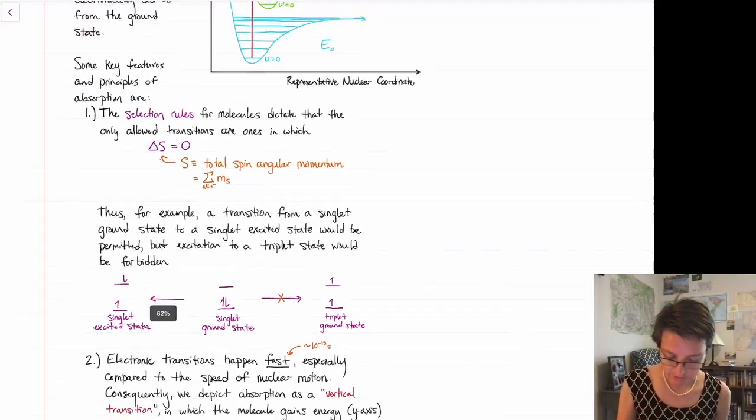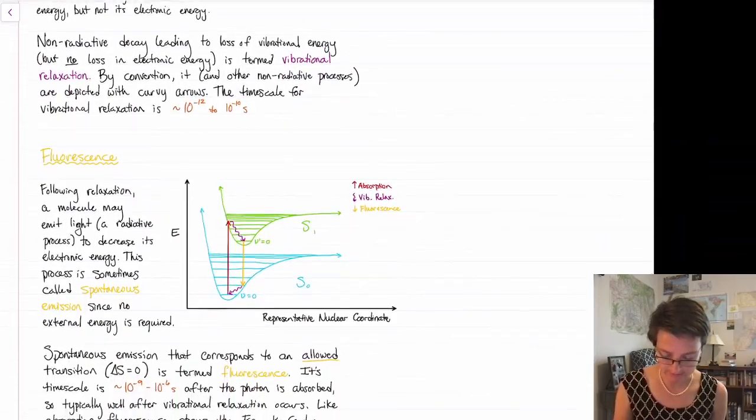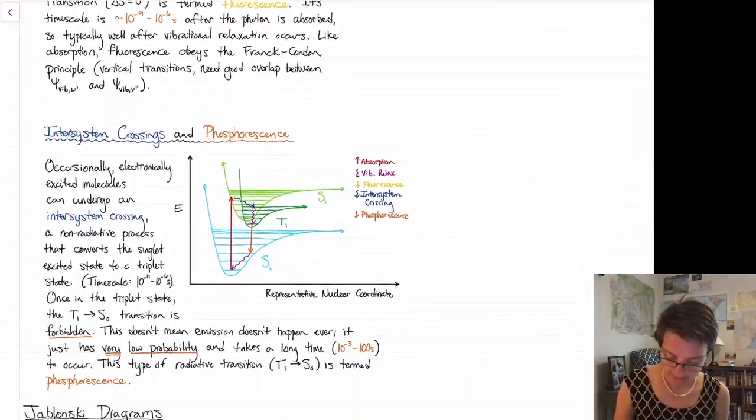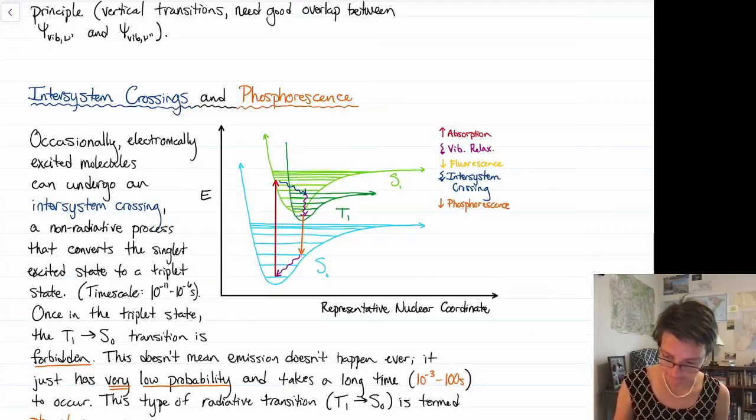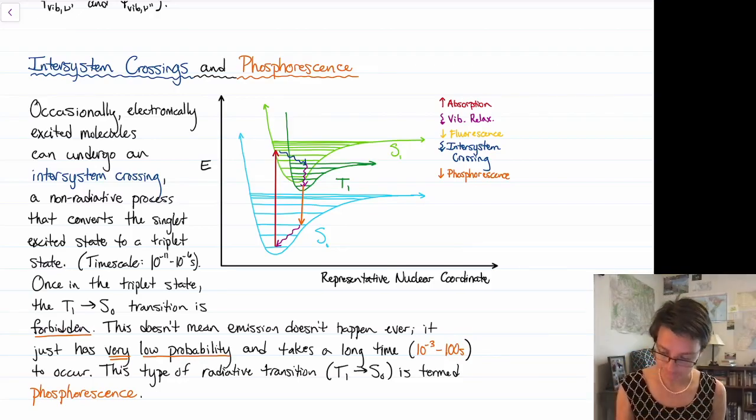And while we can't directly absorb a photon to get to the triplet excited state, we can undergo an intersystem crossing as a non-radiative process, or again, through molecular collisions and something called spin orbit coupling. We can transition from the singlet excited state, lose a little bit of energy to get to the triplet excited state.